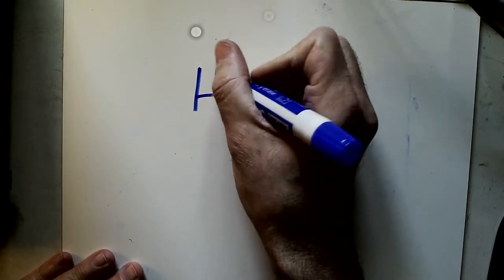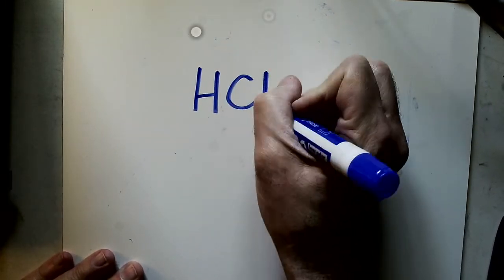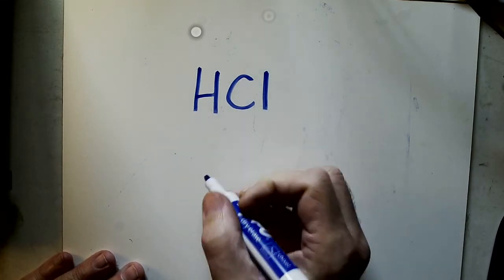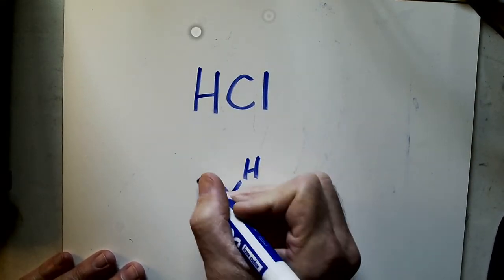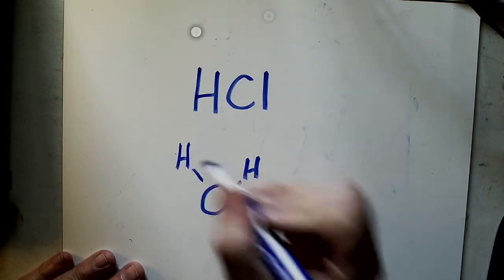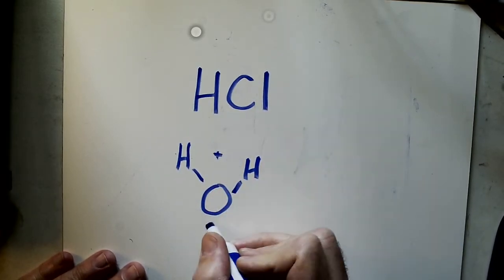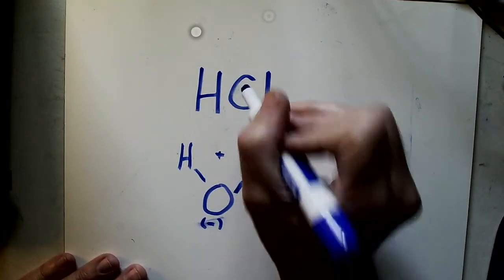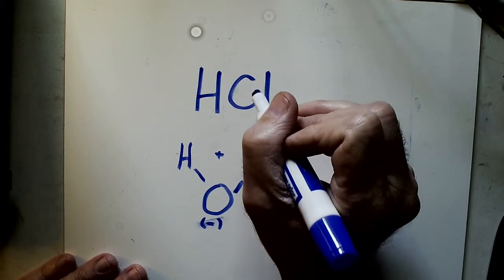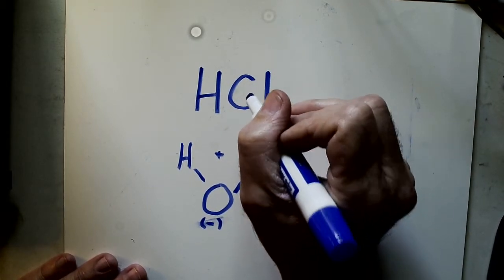This is what makes an acid. If you have HCl, okay, so I'm going to draw my water molecule again. Okay, this side's positive, this side's negative. Okay, you can think of HCl as like an ionic compound, just like salt.